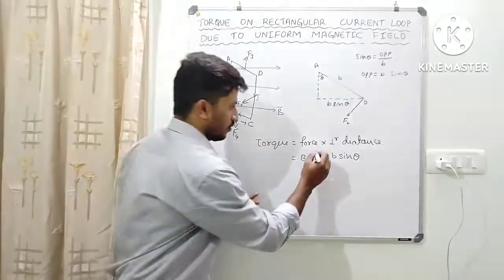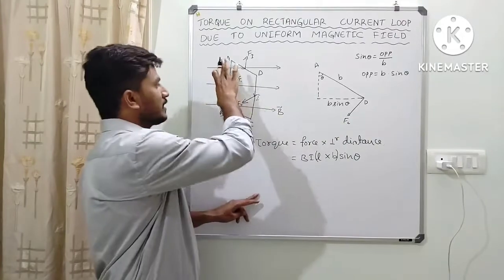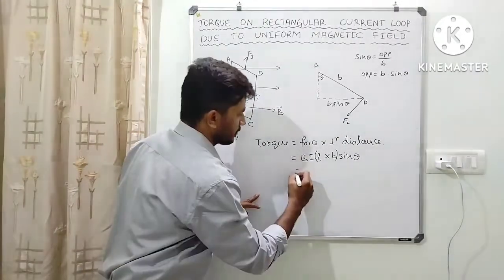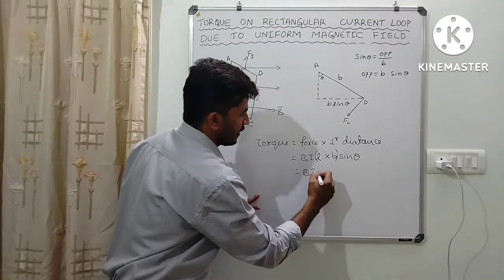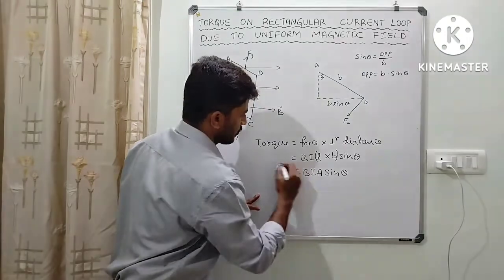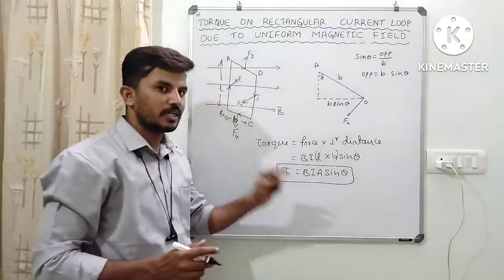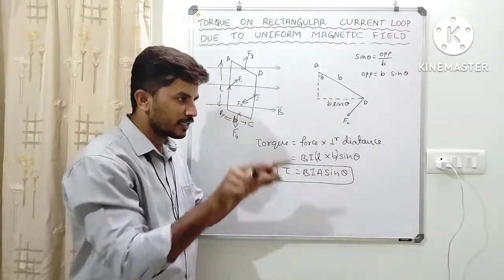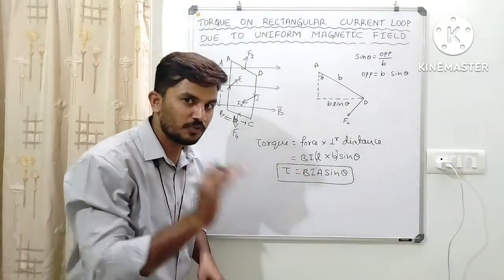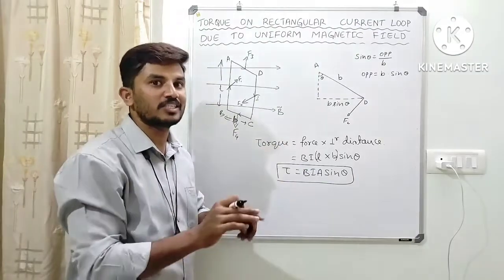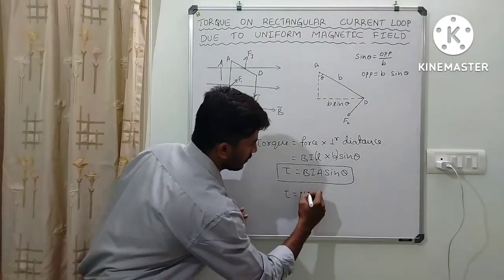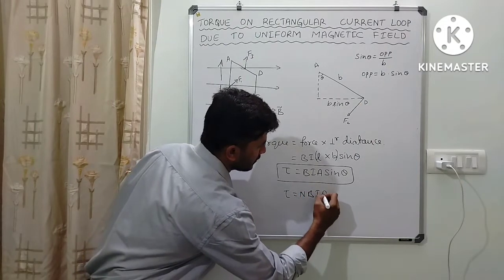Now this L into b, length into breadth, gives you the area. So BIA sin theta is the torque. So this is the expression for torque acting on a single rectangular current loop placed in a magnetic field. If I consider n number of such rectangular loops, then tau is equal to nBIA sin theta.